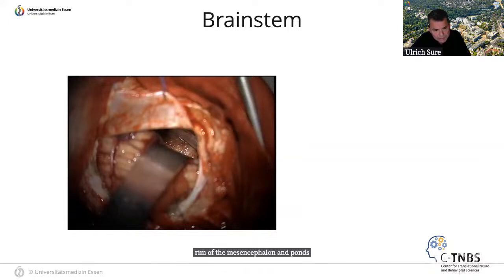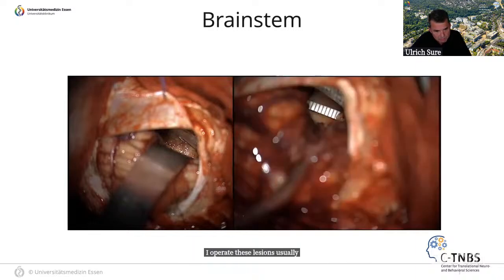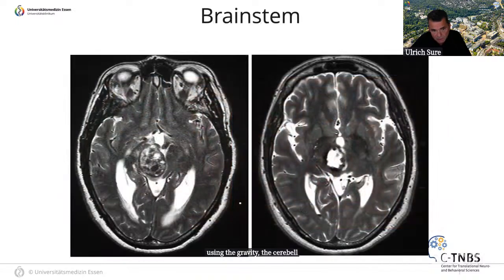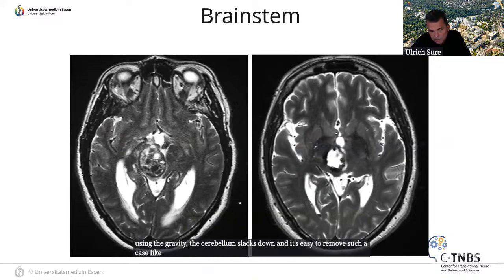I operate these lesions usually in sitting position, and it's really honestly quite easy to remove them using the gravity. The cerebellum slacks down, and it's easy to remove such a case like shown here. And typically the patients are immediately better after surgery. In this case, the hemiparesis resolved within days.